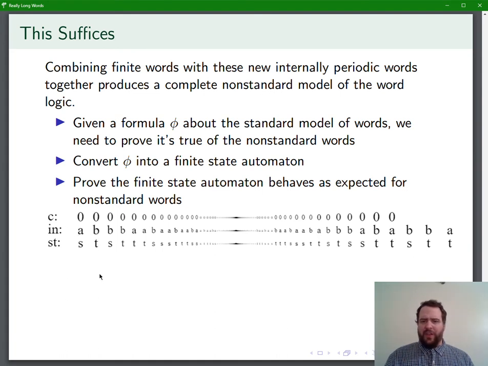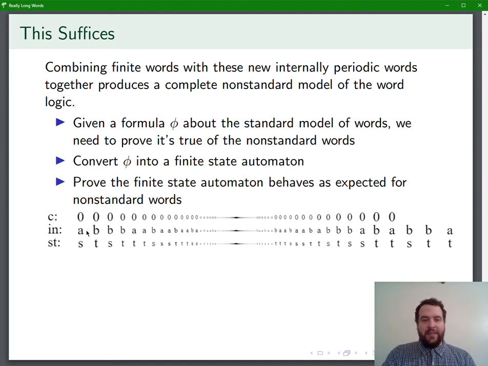Here I'm just using a really simple automaton that whenever it sees an A, it stays in the same state, and whenever it sees a B, it switches between states S and T. And so this is kind of determining whether there's an even or odd number of B's in the input. In the standard case. It doesn't really make sense in the infinite case, but that's fine.